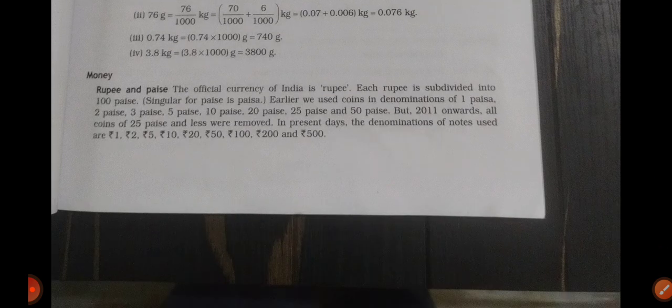Money. Rupee and paise. The official currency of India is rupee. Each rupee is subdivided into 100 paise. Singular for paise is paisa. Earlier we used coins in denominations of 1 paisa, 2 paise, 3 paise, 5 paise, 10 paise, 20 paise, 25 paise and 50 paise.